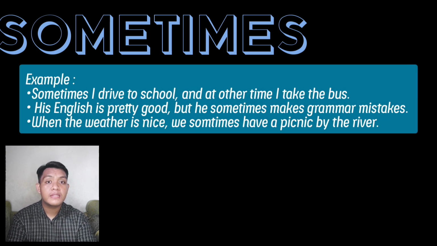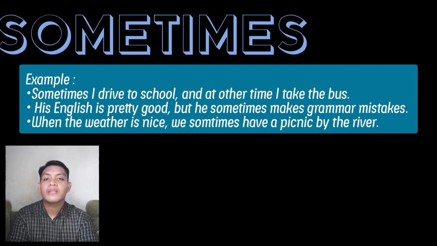First, sometimes I drive to school, and other times I take the bus. And the second example is his English is pretty good, but sometimes he makes grammar mistakes. And then the third example, when the weather is nice, we sometimes have a picnic by the river.